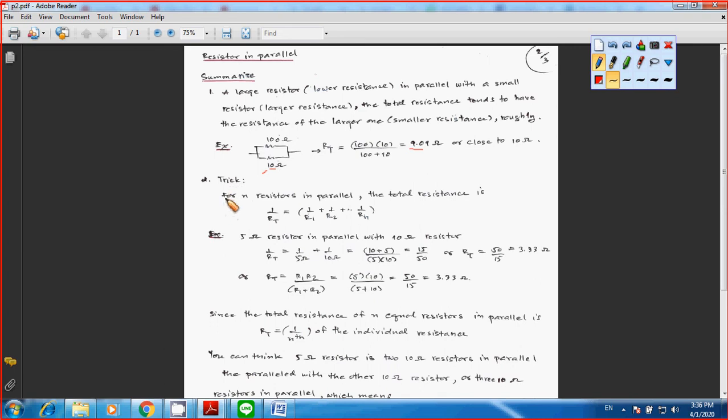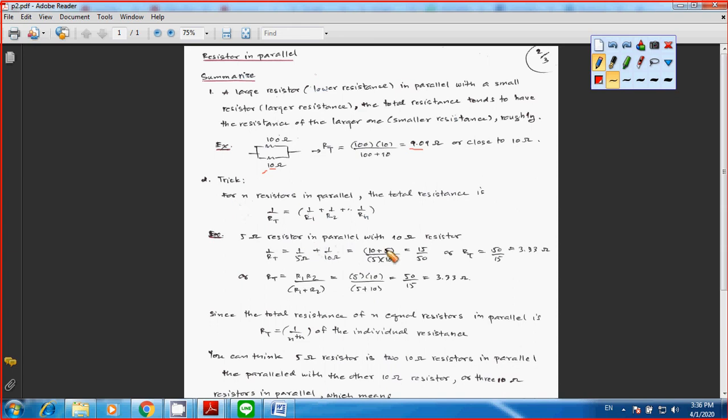Now let's point out some tricks. If you have n resistors all connected in parallel, and they all have the same resistance, you end up with the total resistance being the resistance of one resistor divided by the number of resistors.